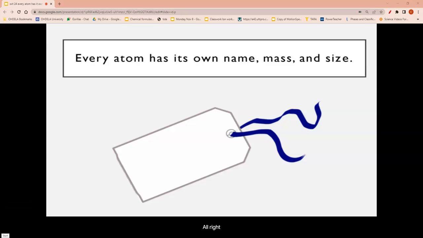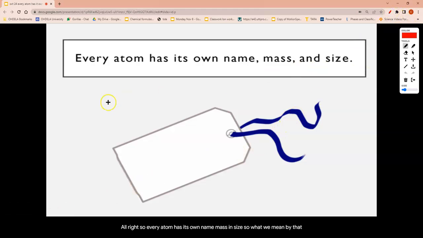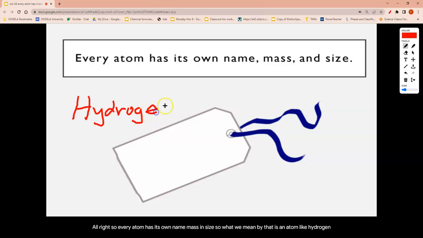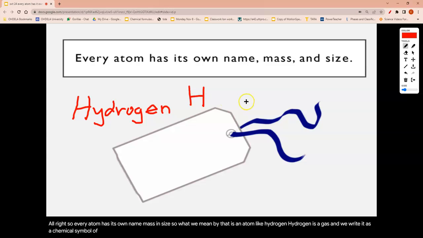All right. So every atom has its own name, mass, and size. What we mean by that is an atom like hydrogen is a gas, and we write it as a chemical symbol of H. So that means hydrogen.